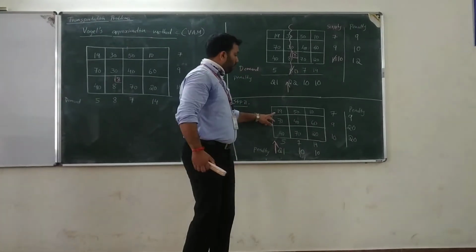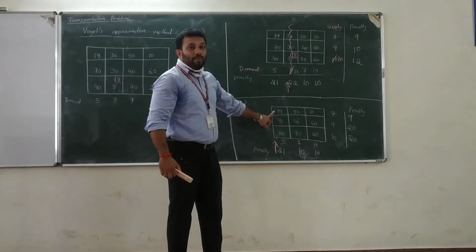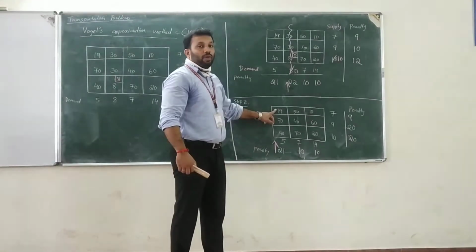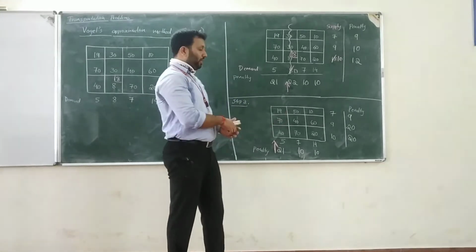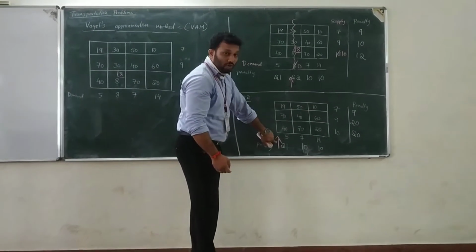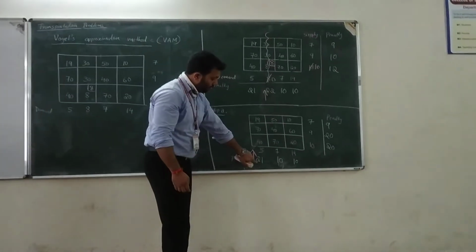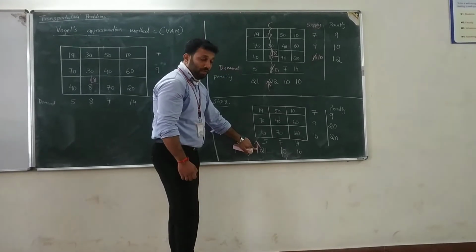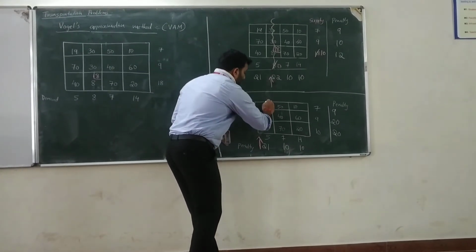In this particular column, whichever is the minimum cost, to that particular cell we have to make the allocation. So here 19 is the minimum cost. We have selected this column because we have got the highest penalty as 21, so we have to select the minimum cost.